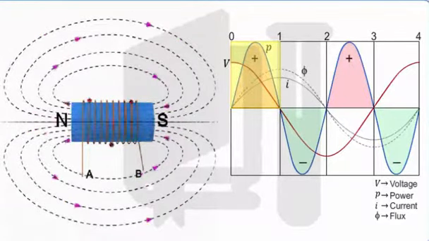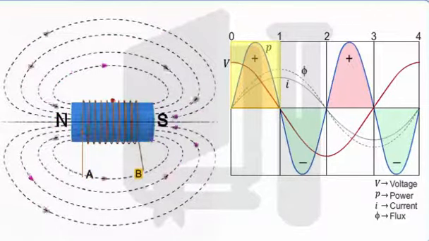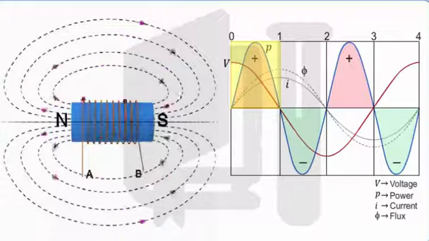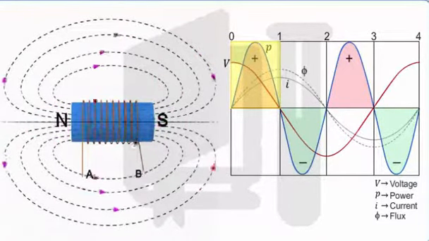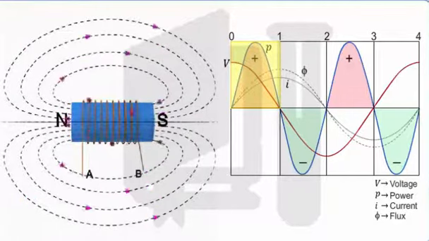The flux passing through the coils changes, setting up a magnetic field as shown in the figure. The current enters the inductor coil at A and leaves at B. As the current and voltage are both positive, the power is positive. Positive power means the inductor is absorbing energy from the circuit.